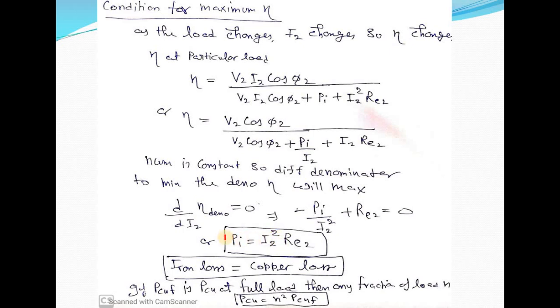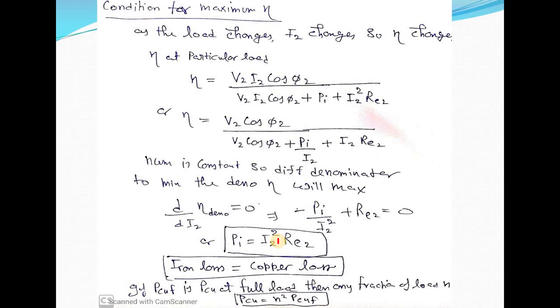This means that at a particular load at which the copper loss becomes equal to the iron loss, at that particular load the efficiency will be maximum, because iron loss is fixed, and the copper loss is a variable loss and it depends upon the load. So suppose PCUF is the full load copper loss.